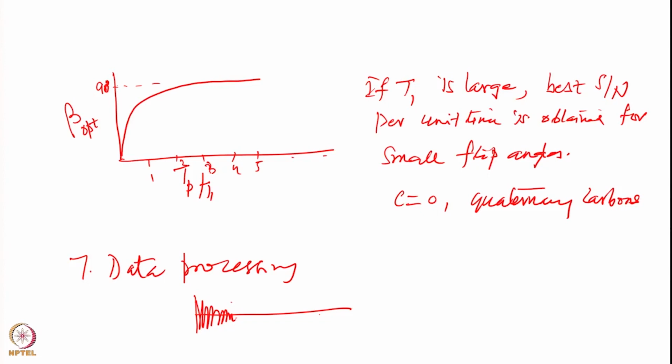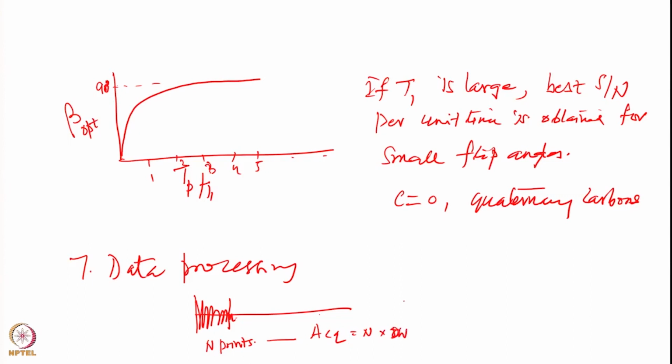Suppose I truncate the FID here, because a priori I do not know what the T2 values are, so I do not know where to stop. Typically I collect, let us say, 1024 points or 2048 points. Depending upon the number of data points, n points, the acquisition time will be equal to n times tau, where tau is my dwell time.